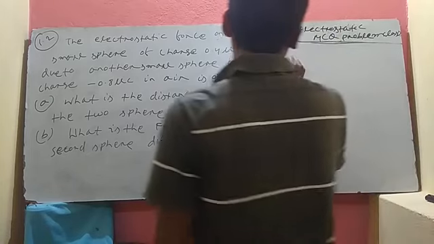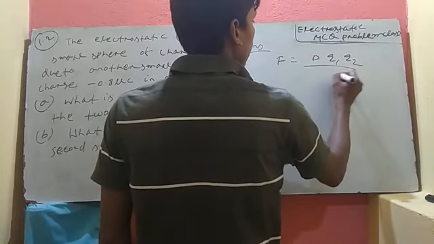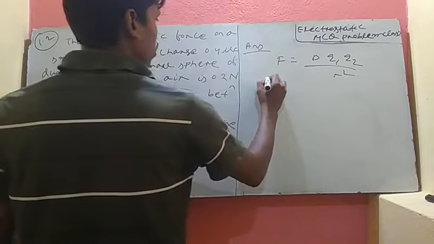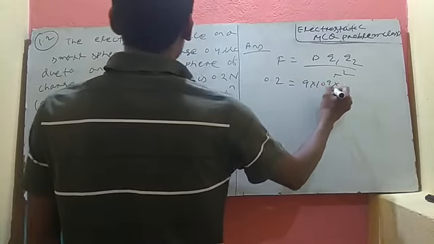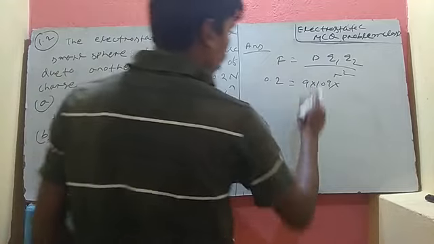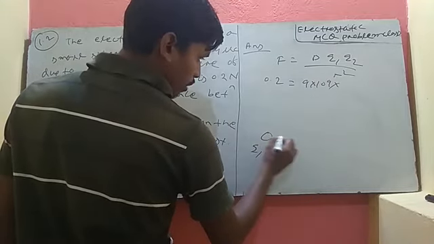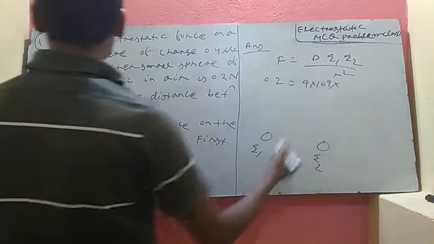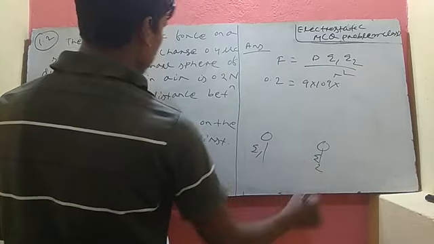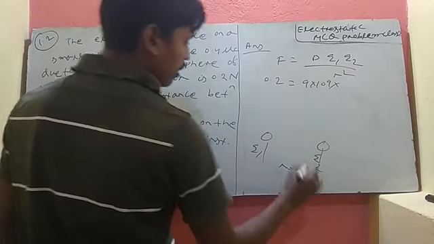That formula F is equal to beta Q1 Q2 by R square. So F is 0.2, the value of beta is 10 to the 9, into Q1. Q1 is one sphere, Q2 is the other small sphere. You have to find out the distance between them.